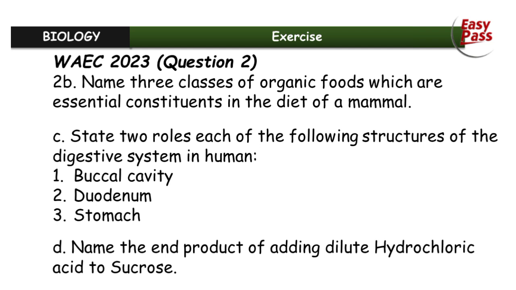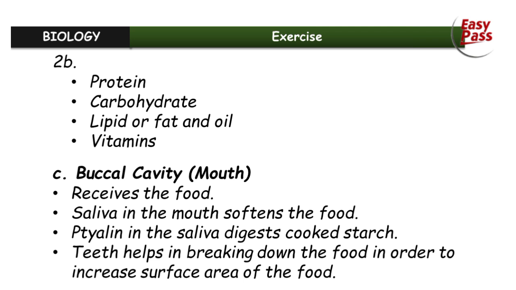Now, to answer this question, we start with 2B. Name 3 classes of organic food substances which are essential constituents in the diet of mammal. What they are simply asking is the classes of food. So the main classes of food are what they are demanding from you.